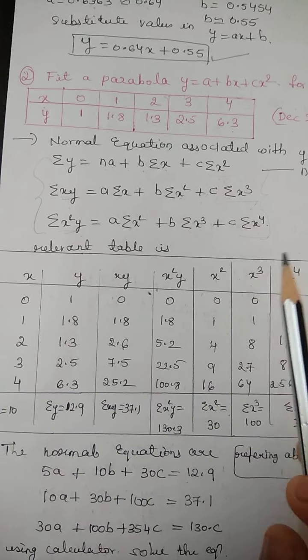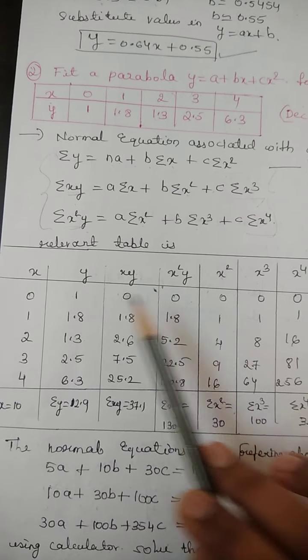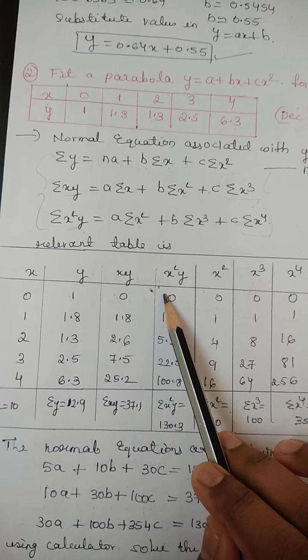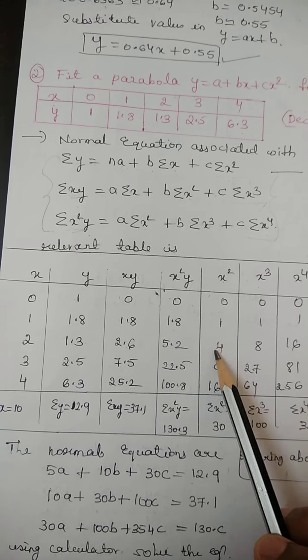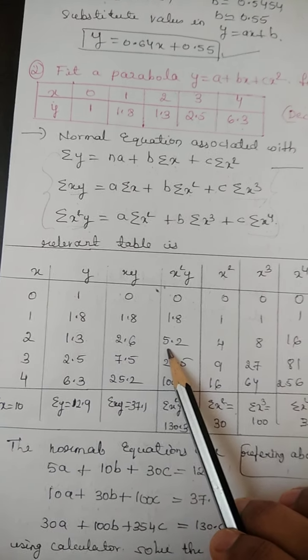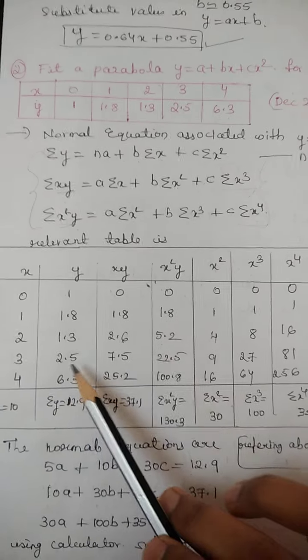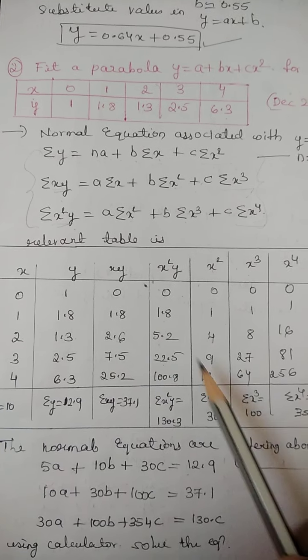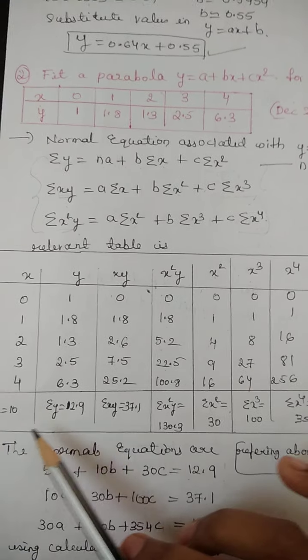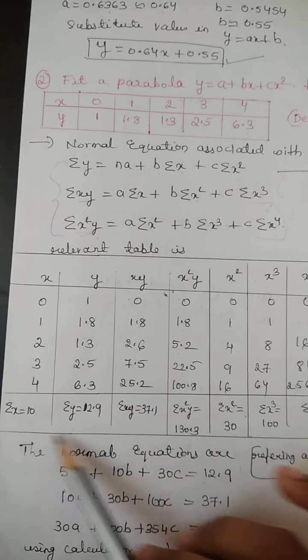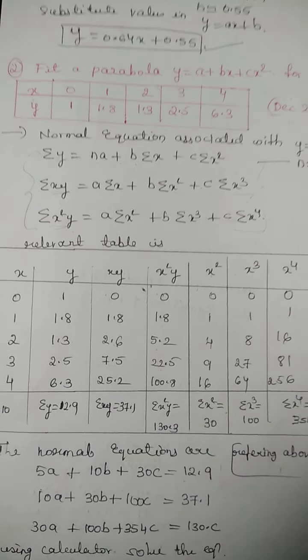Now x² into y: 0 into 0.1 is 0, 1 into 1.8 is 1.8, 4 into 1.3 is 5.2, 9 into 2.5 is 22.5, 16 into 6.3 is 100.8. Then we have to find the summation of all the data.